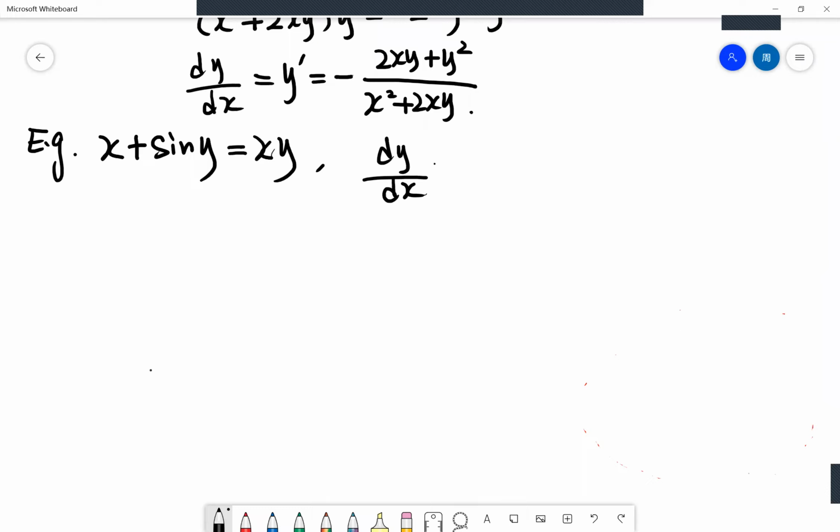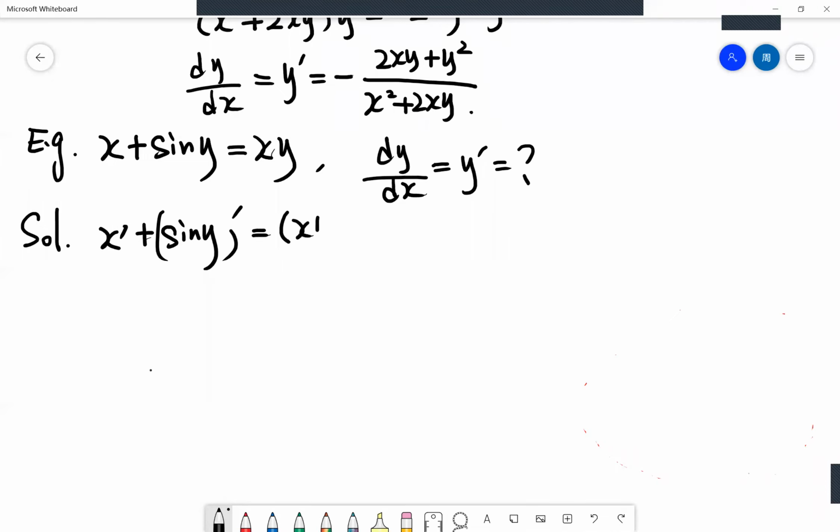So try to find dy by dx or try to find y prime. So here, we differentiate the equation on both sides. So here, I just write prime here. So that is x prime, right? Plus sine y prime and equals x y prime, right?